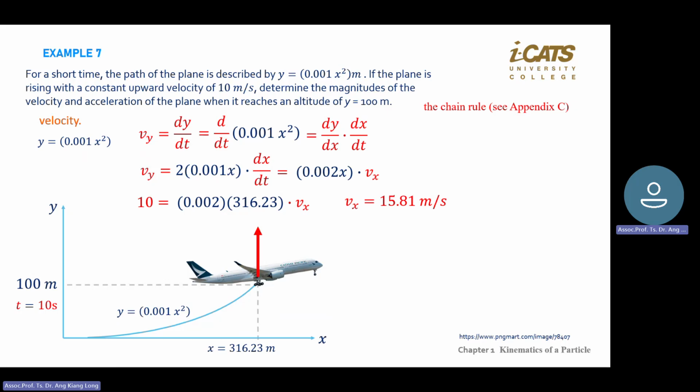Okay. So in your answer, you draw a big dot and then you show me the vector vy 10 going up, vx going to the right 15.81. From here you can find the resultant, right? The resultant is over here, not 45 degrees, you know already.